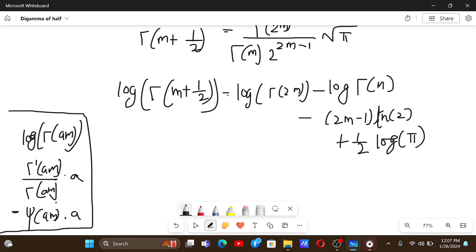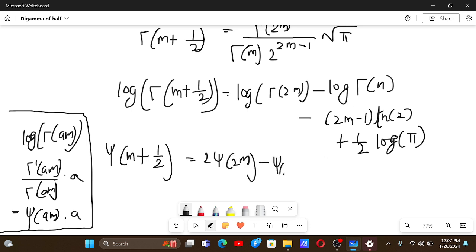With this in hand, this will just be digamma of m plus 1 by 2, and this one over here will be 2 times digamma of 2m, and this one will be digamma of m, and over here we will have minus 2 ln 2, and then here 0, because this is just a constant.